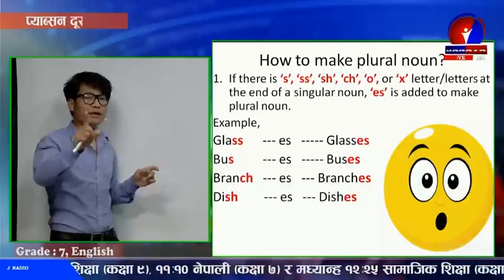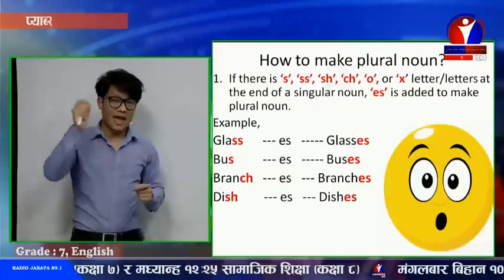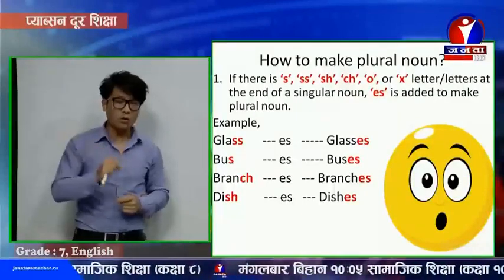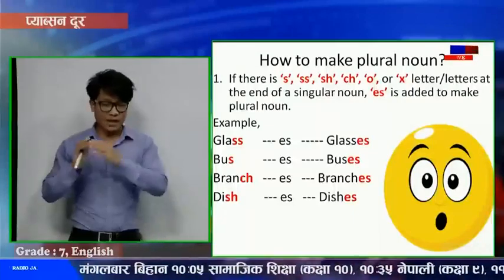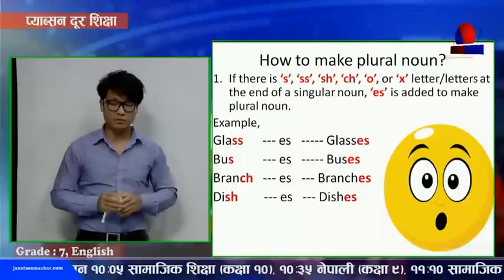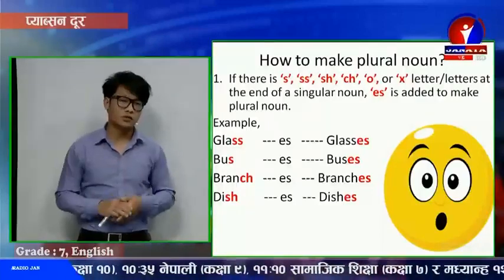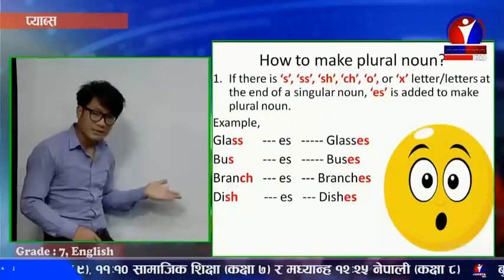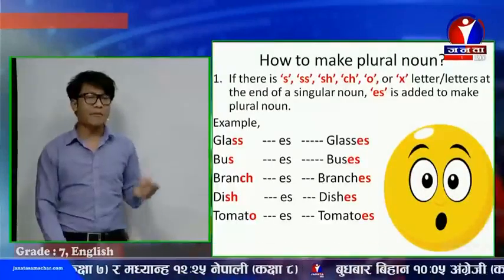Do not forget this: if there is s, ss, sh, ch, o, or x letter or letters at the end of a singular noun, es is added to make plural noun. Now next, tomato.